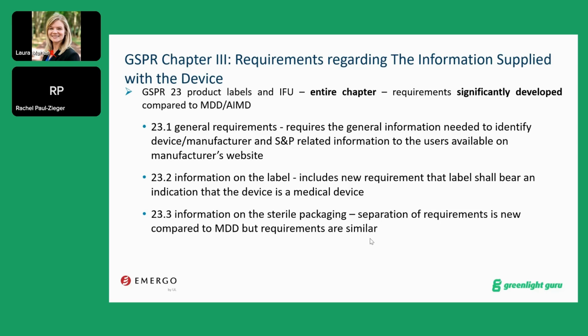So you have general requirements that require information to identify the device, the manufacturer, and safety and performance related information to the users on the website of the manufacturers. Now you have a requirement that the label bear an indication that the device is a medical device. This is new. And for information on the sterile packaging, you have a separation of requirements. Even if they are similar, this is now more clarified.